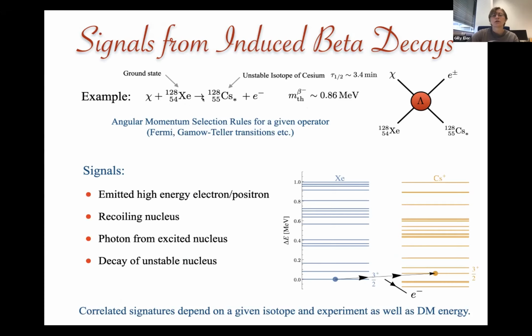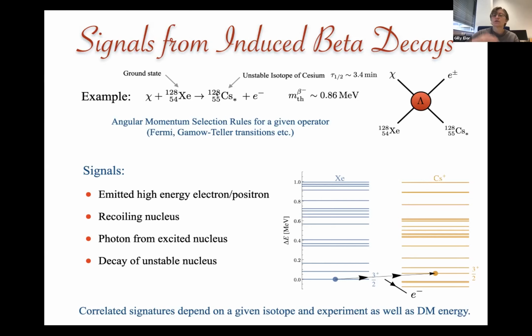The absorption process in this case is above the threshold for inducing beta minus decay. So what you get is a cesium nucleus and an electron that carries the rest mass of the dark matter. Now, in this case, it's actually an excited state of cesium. The reason for this is there are various different angular momentum selection rules at play for these kinds of transitions.